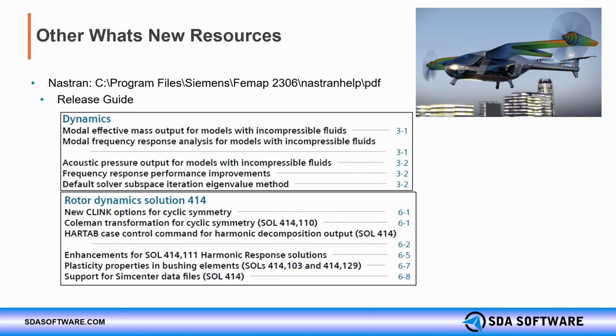This likely isn't supported by Femap, just because the Femap team tends to lag the new capabilities of Astron because they have to build out the interface and functionality. But if you need to adjust a bulk data parameter to take advantage of the new Astron functionality, you might be interested in looking through here.